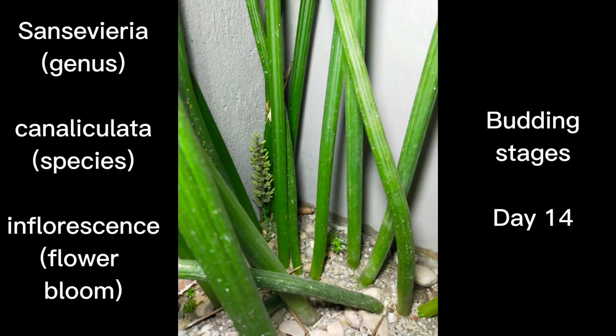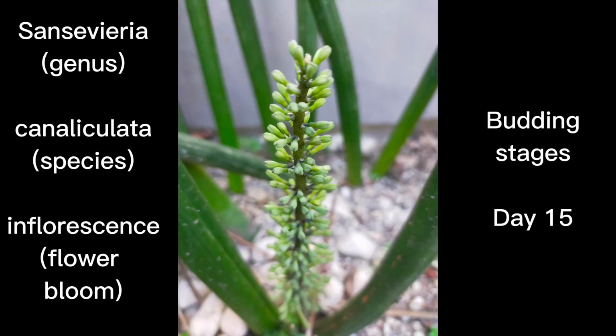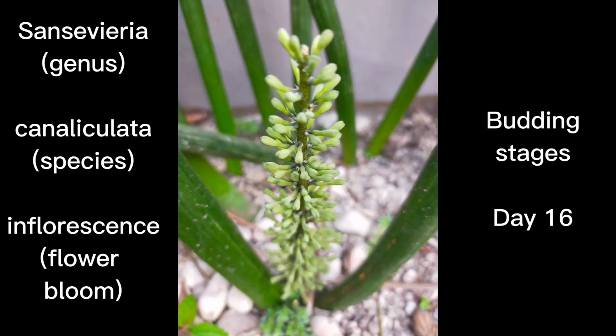One way is to compare the inflorescence, like we are doing right now. We're recording the daily progress of the budding stages up to the blooming stages: what the final appearance of the flower bloom looks like, how many flowers per cluster there are, and how tall the flower stalk is.